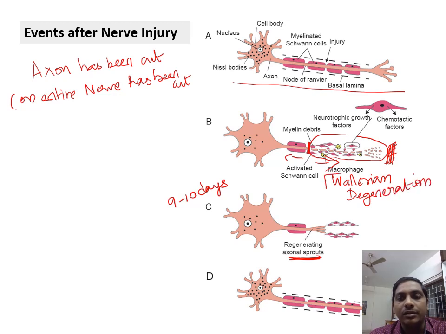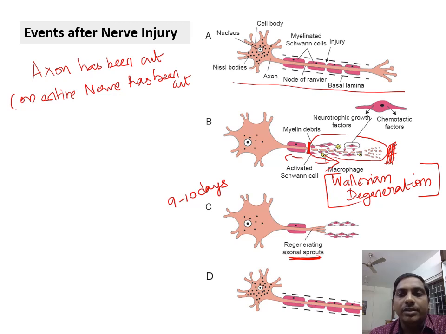So the distal part of the nerve will undergo phagocytosis of all the dead nerve cells by the macrophages. That process is called Wallerian degeneration, till the site of innervation, that is the muscle end plate.